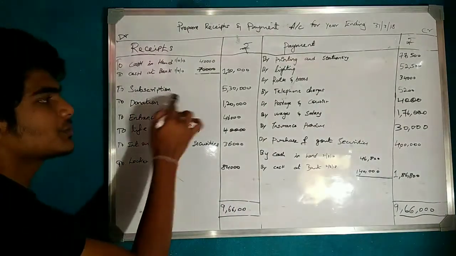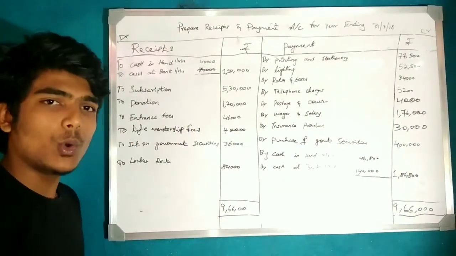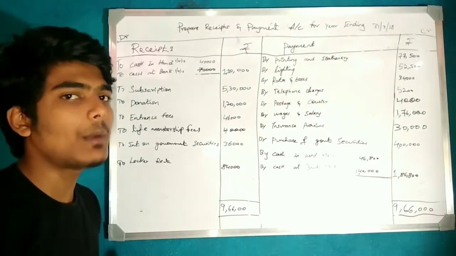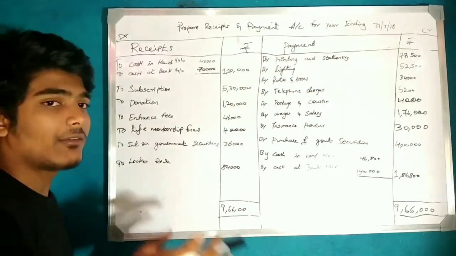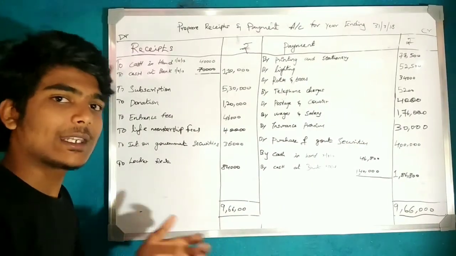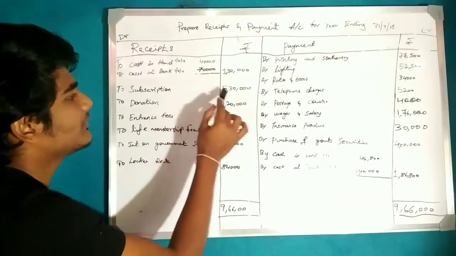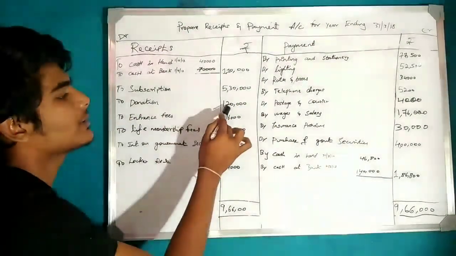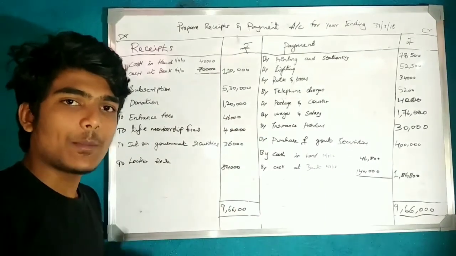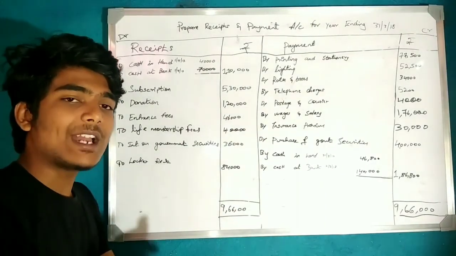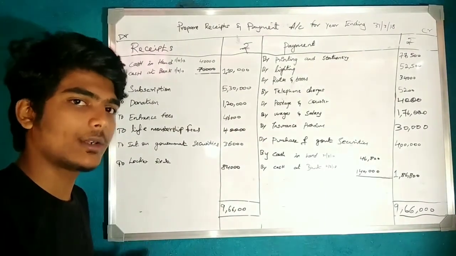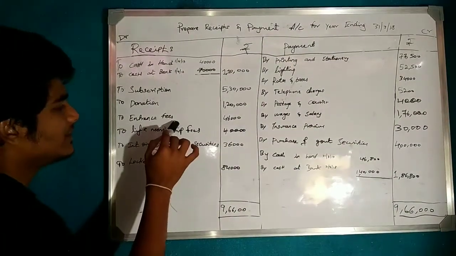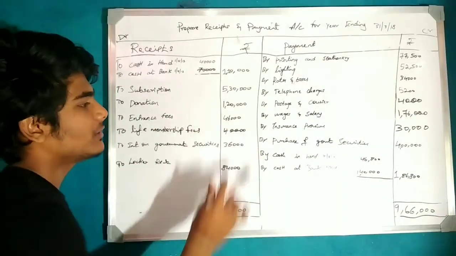Next, to subscription, which is the amount received by a not-for-profit organization periodically from the members. It's a revenue receipt. It's recurring in nature. Is rupees 5,30,000. To donation is rupees 1,20,000. It's a capital receipt and it's a cash inflow to the organization. So it is a receipt. To entrance fees is rupees 46,000.